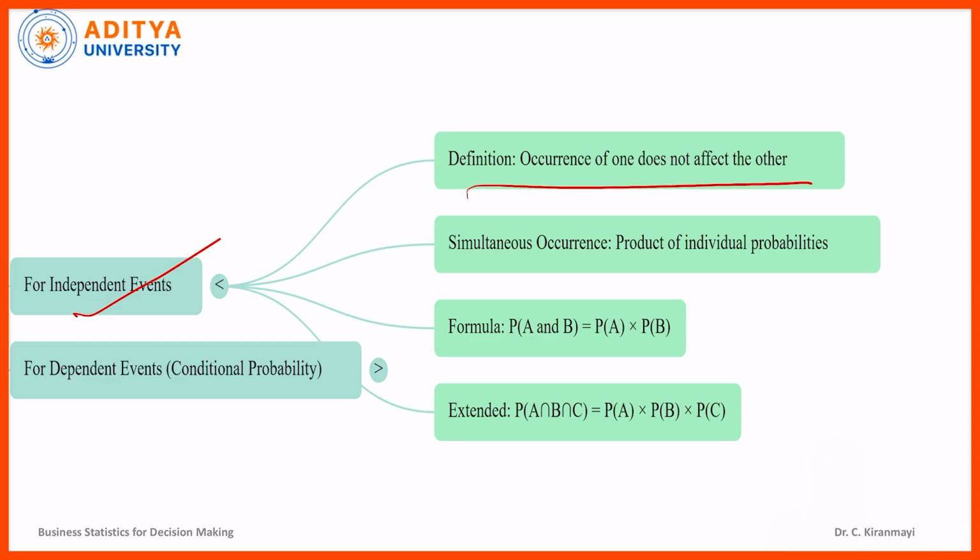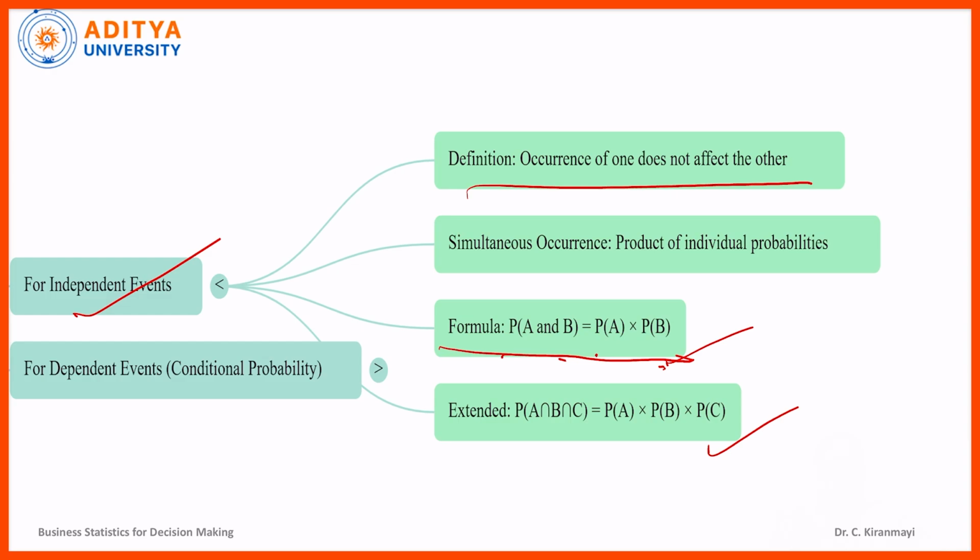In case of independent events, the probability of happening of both the events is given by P(A ∩ B) = P(A) × P(B), that is, the multiplication of the individual probabilities gives the probability of happening of both the events. Suppose there are 3 independent events and one is interested in knowing the happening of all 3 events together.